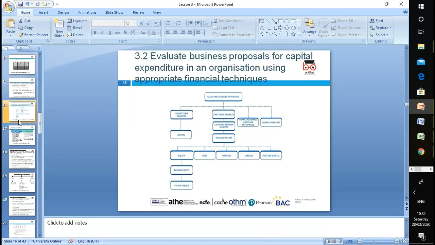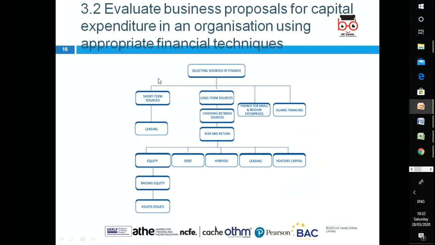Yeah. Okay. Next, within that 3.2, we also need to look at sources of finance, where the money will come from. So there are different sources of finance we can raise the money from. So it can be short term, long term, and medium term. Lease. Do we know the lease?